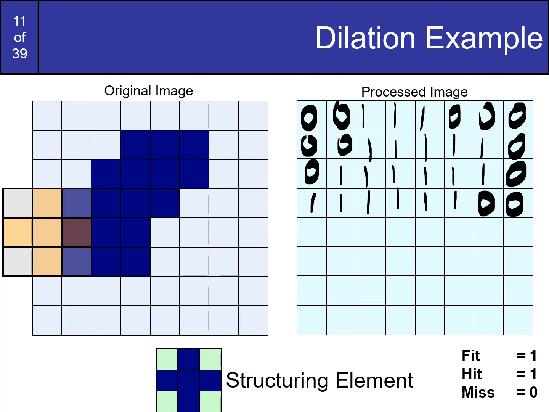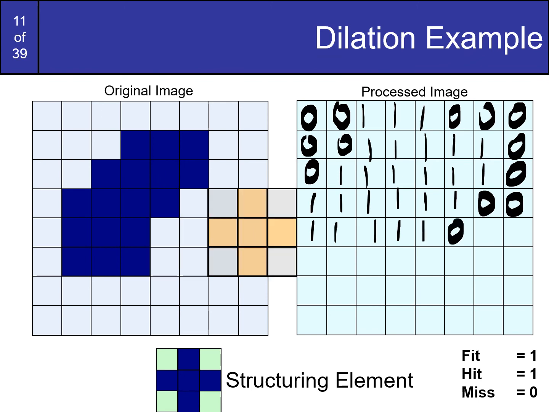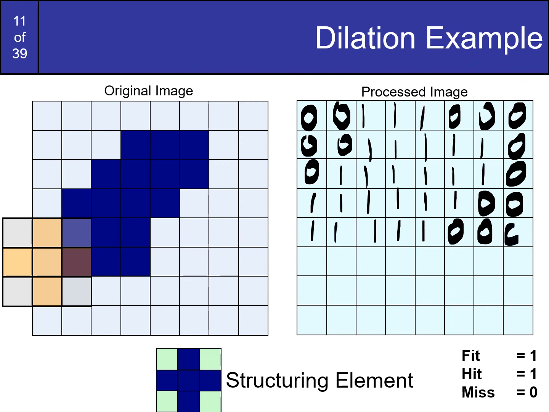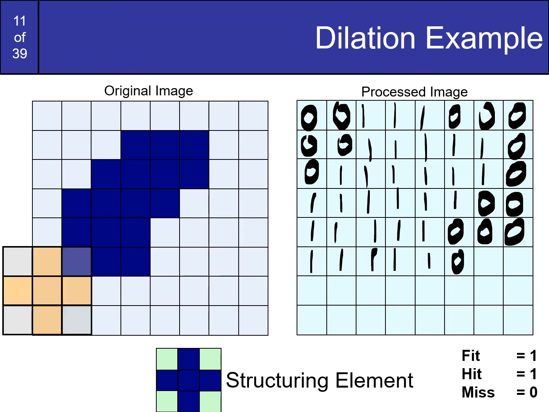Next row, hit 1, hit 1, fit 1, hit 1, hit 1, miss 0, 0, and 0. Hit 1, hit 1, hit 1, hit 1, hit 1, miss 0, 0, 0.